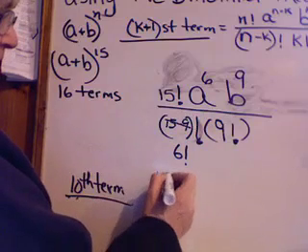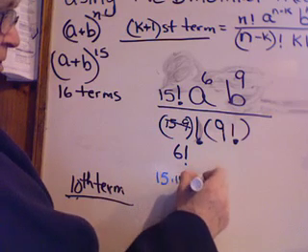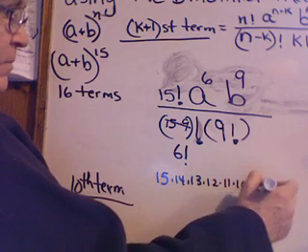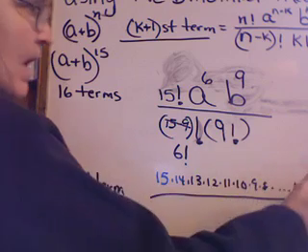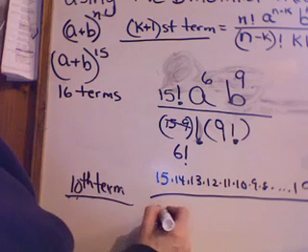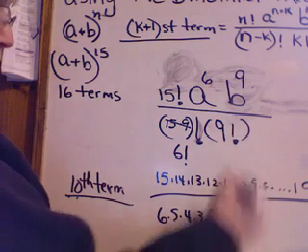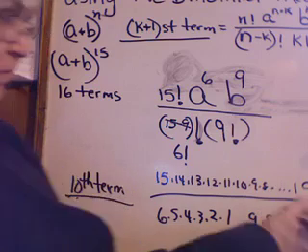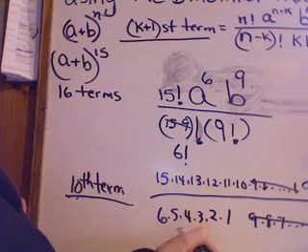So rewriting this, I've got 15 factorial. So 15 times 14 times 13 times 12 times 11 times 10 times 9 times 8, dot, dot, dot, all the way to 1. Then I have a to the 6th, b to the 9th. I have 6 factorial is 6 times 5 times 4 times 3 times 2 times 1. Then I have 9 factorial is 9 times 8 times 7, dot, dot, dot, all the way to 1. Hey, those can reduce. There we go. There's a cute little shortcut.